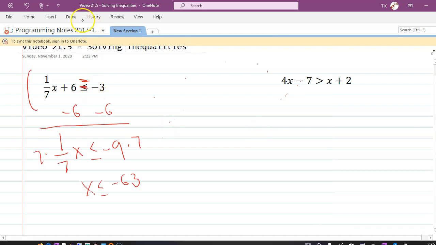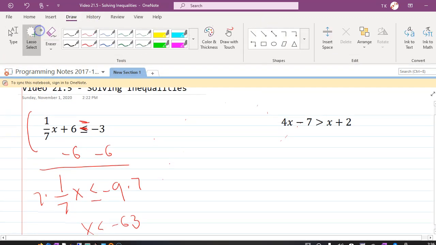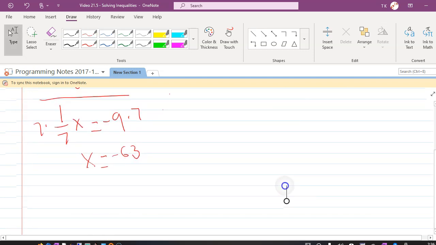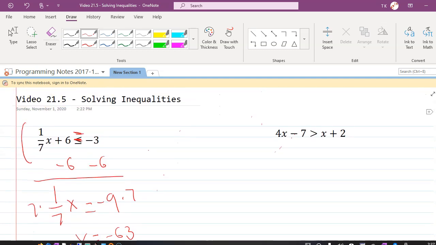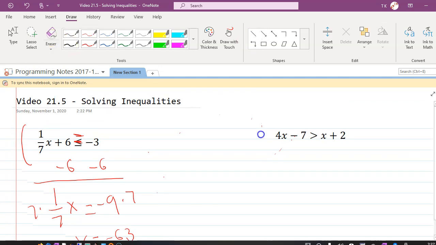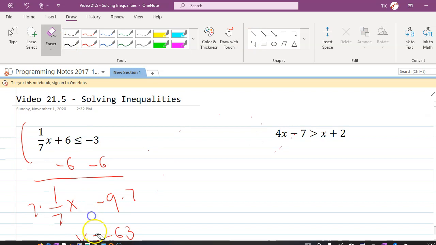If this were an equation, all of these less thans would be equal signs, and we would be left with an answer that x is equal to -63. What this is saying is that there's only one value that x could be that would work in this equation, -63. With an inequality, it's a little bit different.